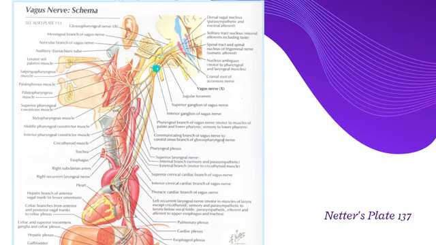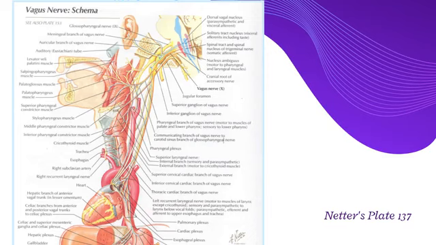The superior ganglion is going to be smaller and lies on the vagus nerve within the jugular foramen. So you see it right in there. And then the inferior ganglion is going to be larger and lies on the vagus nerve, just inferior to the jugular foramen.